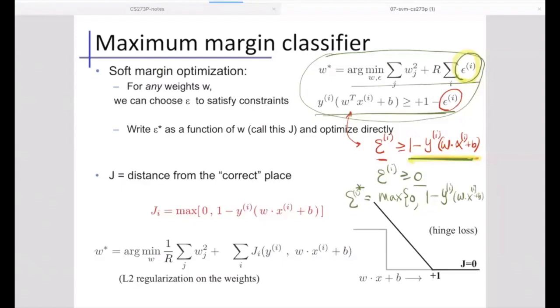Which means I can just substitute this into the objective function and remove the constraints, because I can find a solution to that. If you do that, essentially now you can rewrite your objective function into something like this. Let me highlight that.